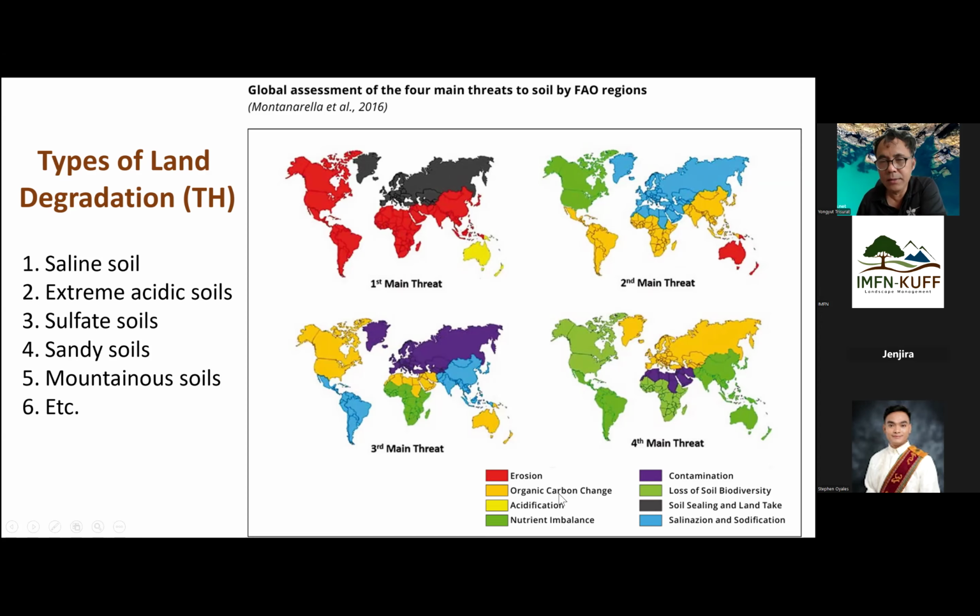The orange shows the removal of organic carbon, which means forest conversion or land converted to other uses. The blue one is salinity and acidification, then the red one is erosion, and the third one is some lesser problem.